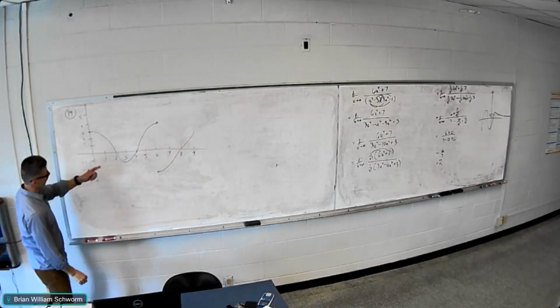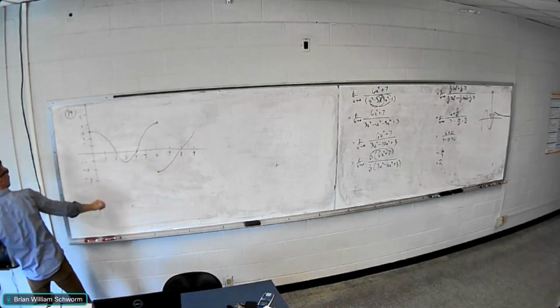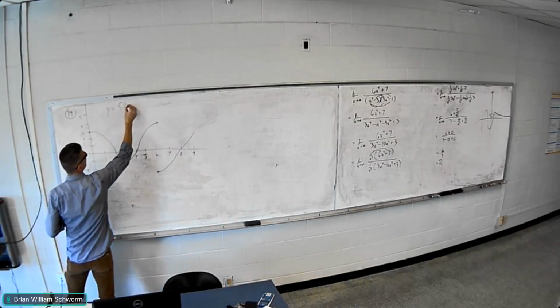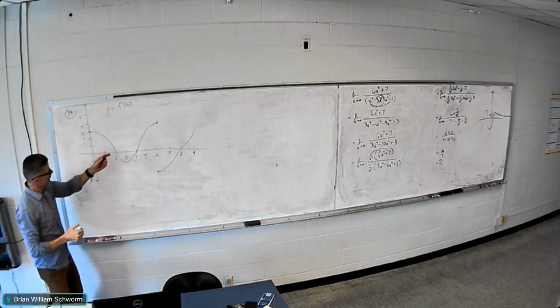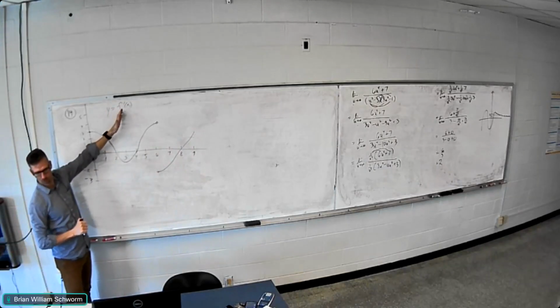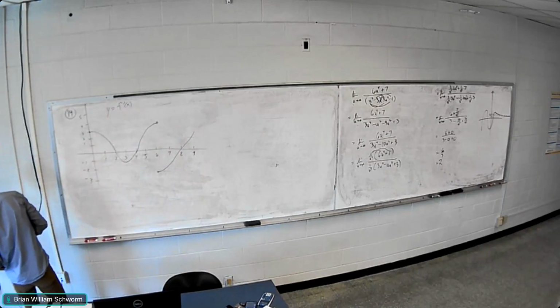All right, so they got this graph, got a couple pieces here, and they say this is a graph of the derivative of some other function. So this is the graph of the derivative. It's not the graph of the original f function itself, it's the derivative of that. And then they ask a whole bunch of questions.